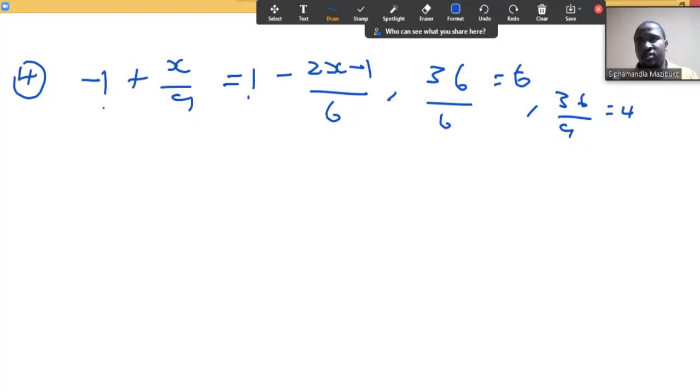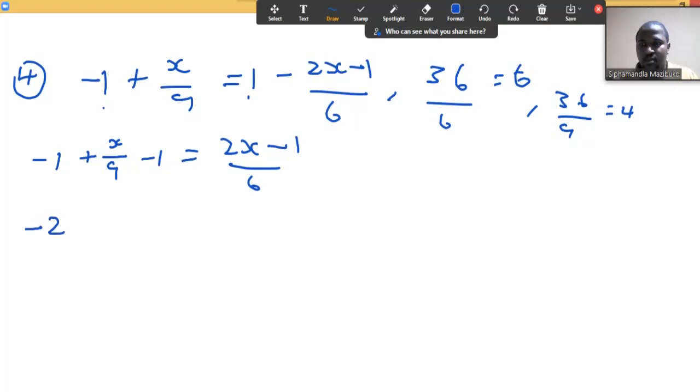So we'll have minus 1 minus 1, that is minus 2, plus x over 9 is equal to 2x minus 1 over 6, right?